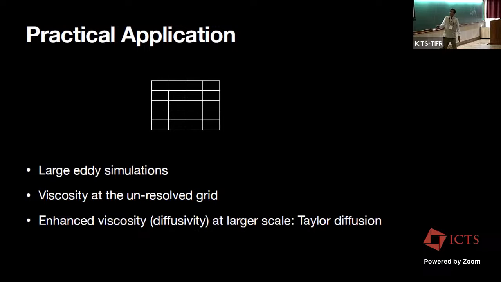Now I do want to make this remark. In school textbooks we see that the diffusion of a dust particle in this room is following Brownian motion. Totally incorrect. That's not Brownian motion. It's Taylor diffusion, and Taylor diffusion is purely by hydrodynamic effects, and that is what this viscosity at unresolved scale, or diffusion parameter at unresolved scale, is.